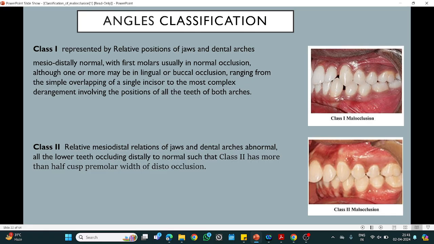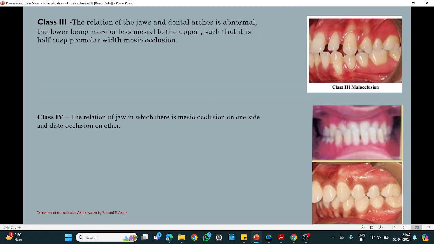Class 2 involves an abnormal relative mesiodistal relationship of jaws and dental arches, with the lower teeth occluding distally, such that there is more than half cusp premolar width in distal occlusion. Class 3 is one in which the lower molars are forwardly placed compared to the upper.